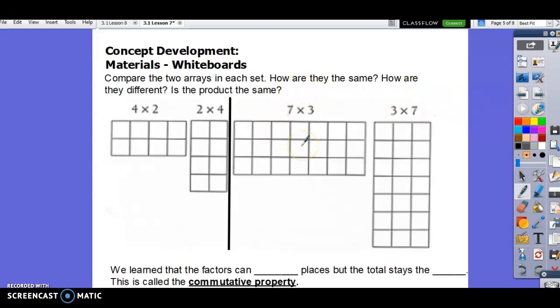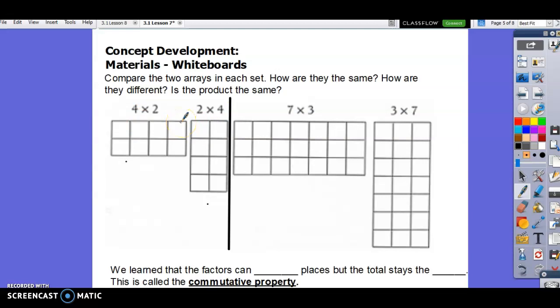Okay, so I want us to take a look at this array right here. I have 4 times 2 and 2 times 4. I want you to think for a second, how are these arrays the same? Okay, here I want you to say 4 and 2 and 2 and 4, those numbers are the same. That's good.